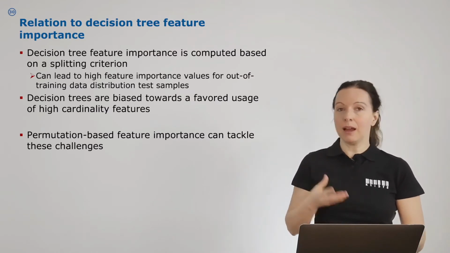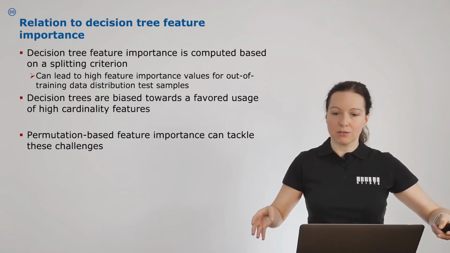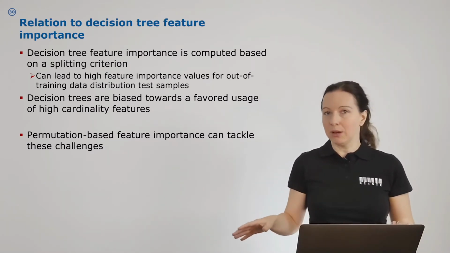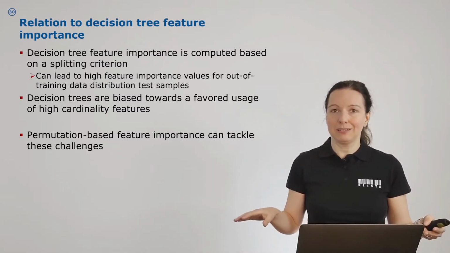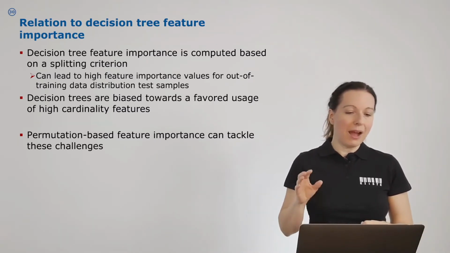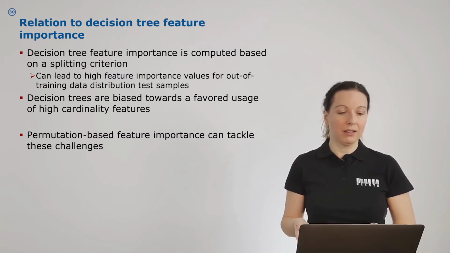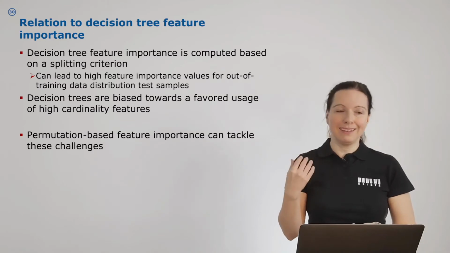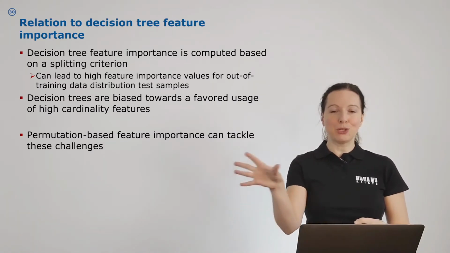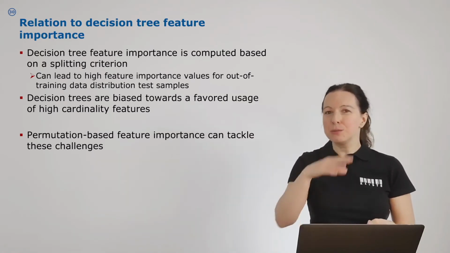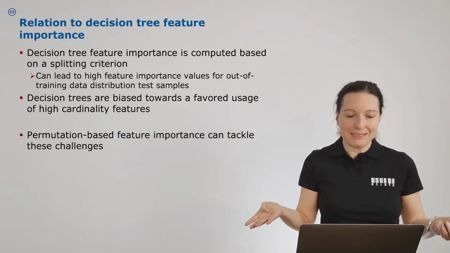That means samples will follow some decision paths in this decision tree, no matter if the sample is out of distribution or not, and so it will give you any result. This can lead to high feature importance values for out of distribution test samples, so test samples which are different to the training data distribution.